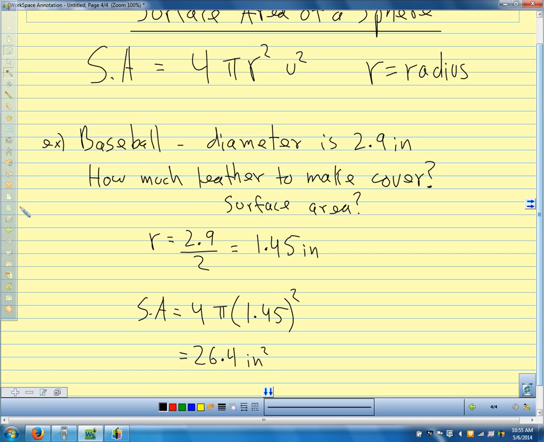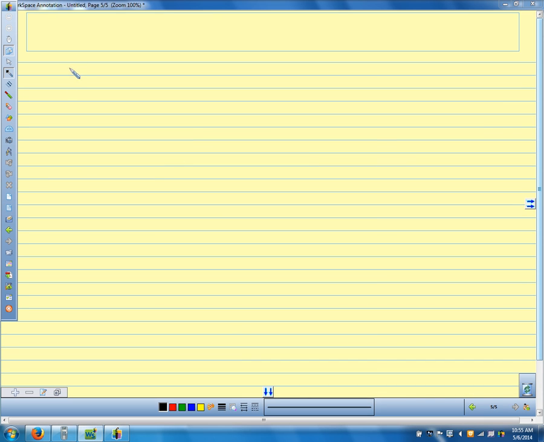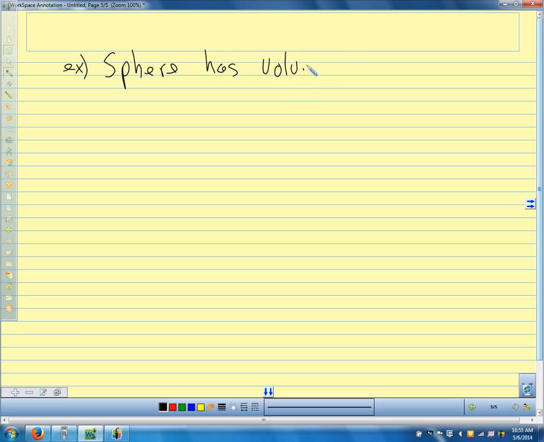Okay, let's take a look at another one where we're going to have to do a little more figuring. A sphere has a volume of 1,000 cubic meters. What is the surface area?